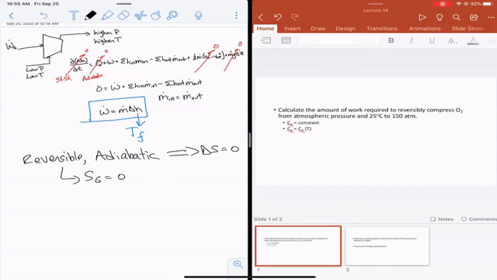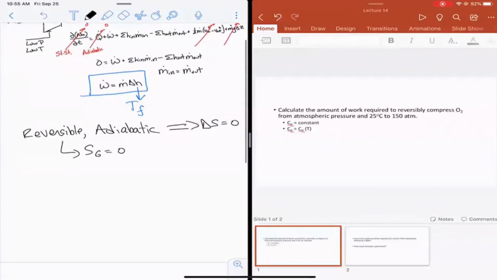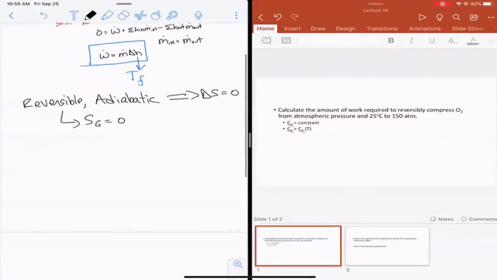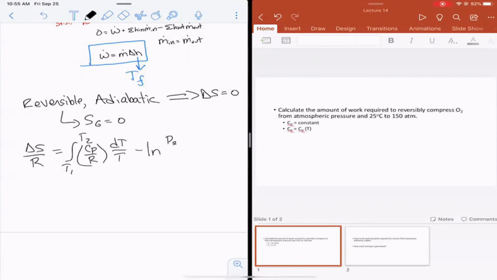Now, for an ideal gas, we actually have an expression for delta S of the system already. And we know that delta S over R is equal to the integral from T1 to T2 of Cp over R dt over T minus the natural log of P2 divided by P1.